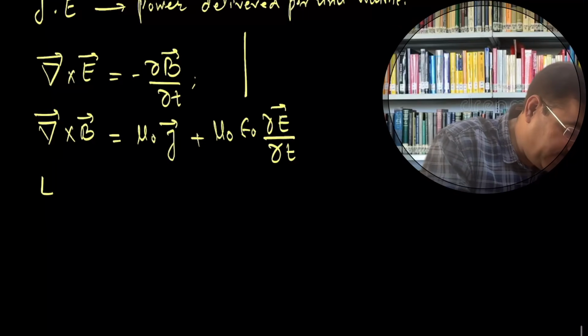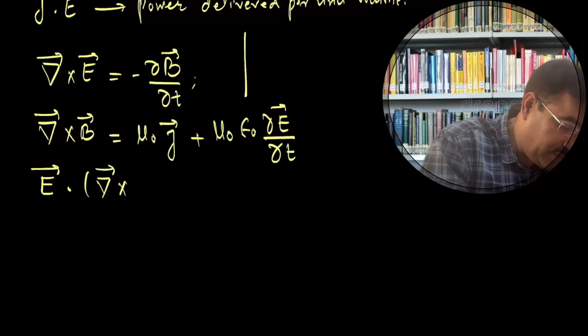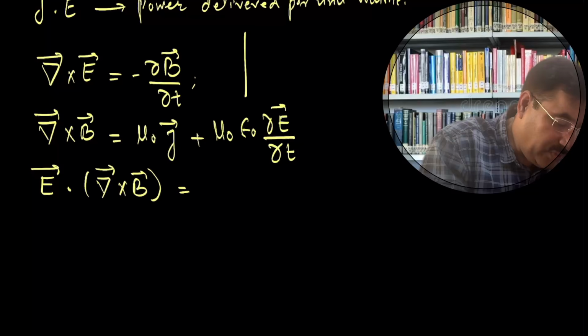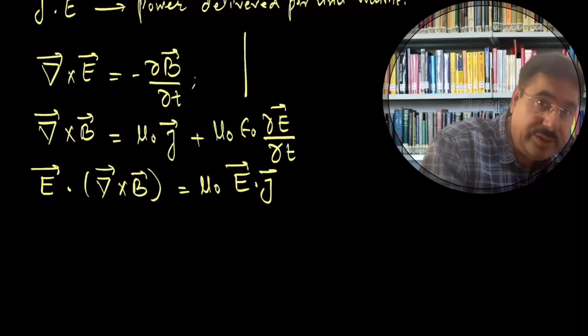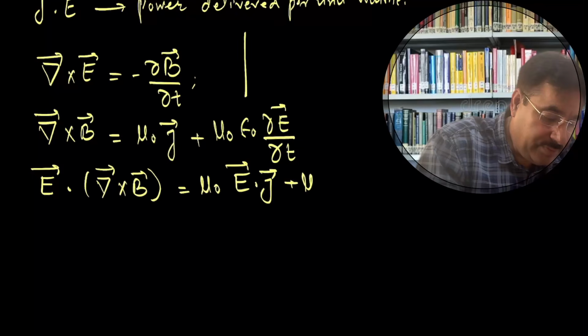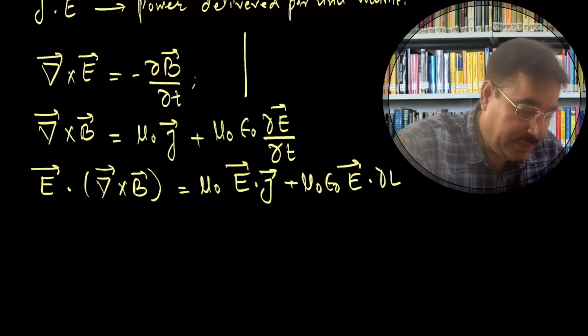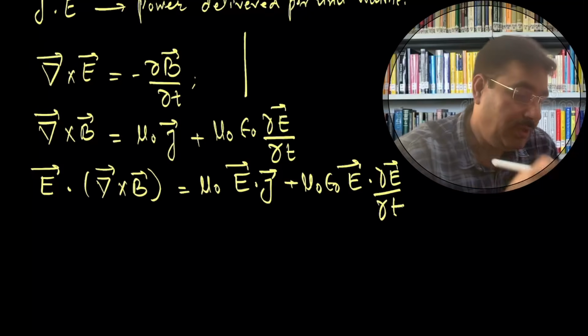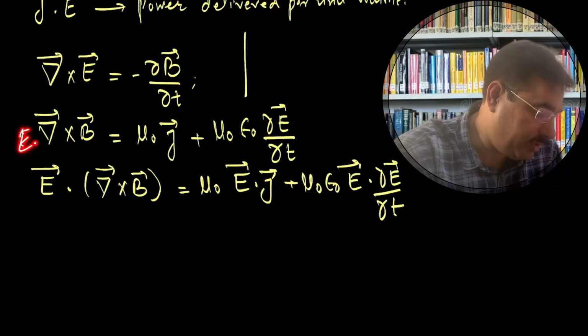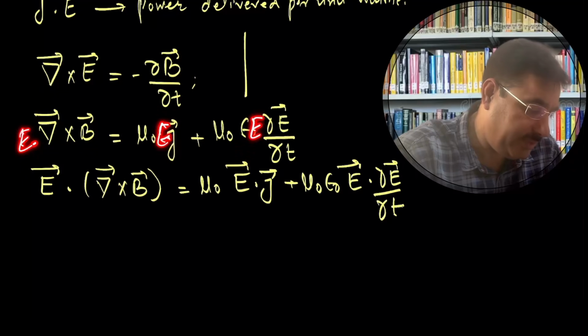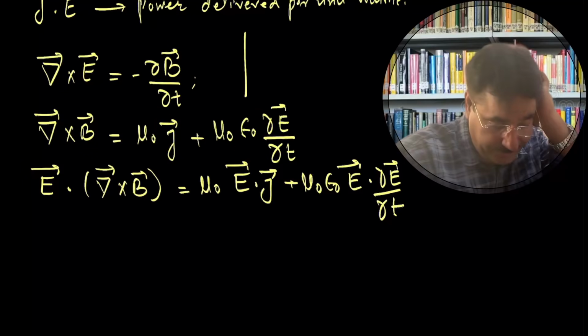Take the dot product with E. So E dot del cross B is equal to mu naught E dot J plus mu naught epsilon naught E dot del E by del T. Fine. So what I have done is nothing, just take the dot product with E on every term. Is that clear? Very nice.